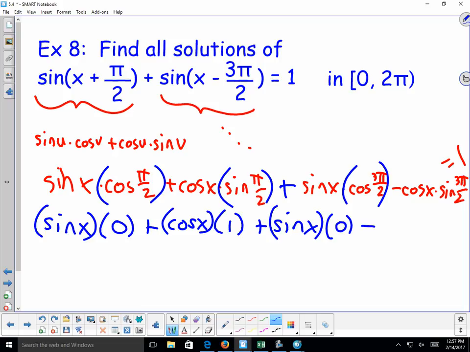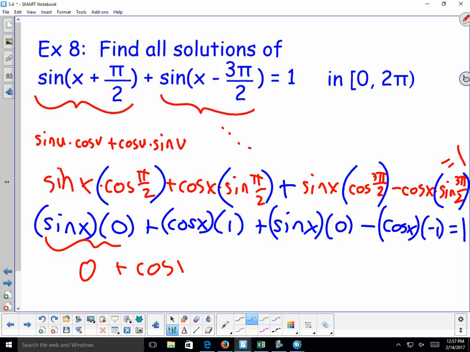And then minus, right, cosine x times what's the sine of 3 pi over 2? Negative 1. And that whole thing has to equal what? Well, this is going to 0. So I get 0 plus cosine x times 1. This is going to 0. So I got plus 0 minus, oh, is it minus a negative cosine x? And I want to know when is that equal to 1.